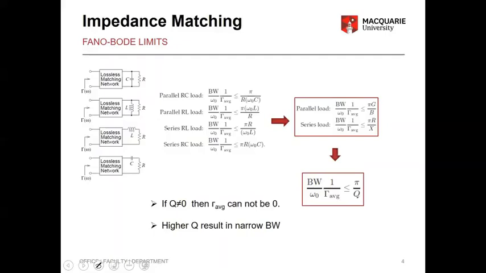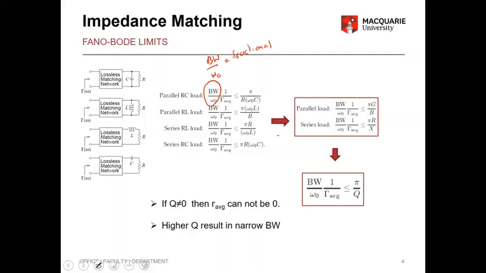Now, the Fano-Bode limits provide the fractional bandwidth, which is this part. So bandwidth over the resonance frequency is called the fractional bandwidth for different types of configurations: parallel RC, parallel RL, series RL, series RC.